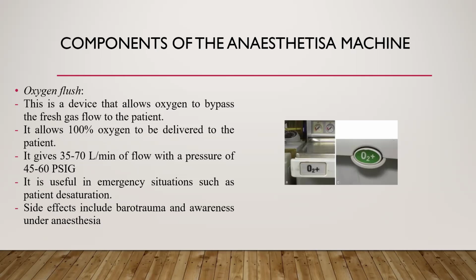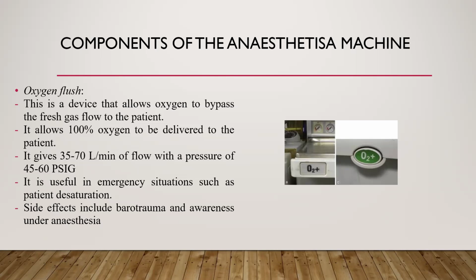But oftentimes I've had to hold my residents or junior consultants back from indiscriminately pressing the oxygen flush, because you can imagine delivering 35 liters per minute of oxygen at a pressure of 45 psi to a patient.